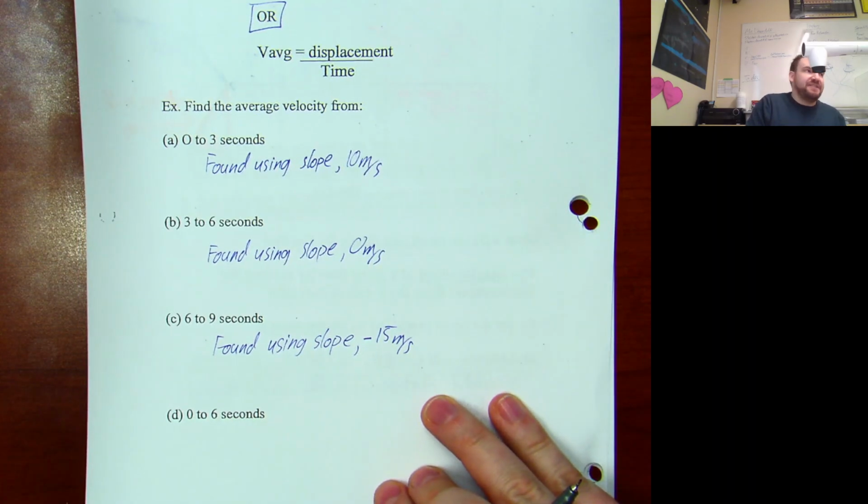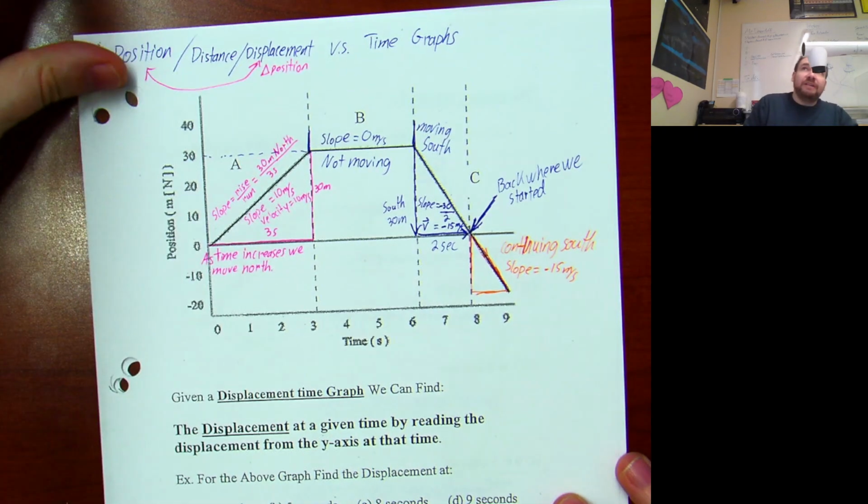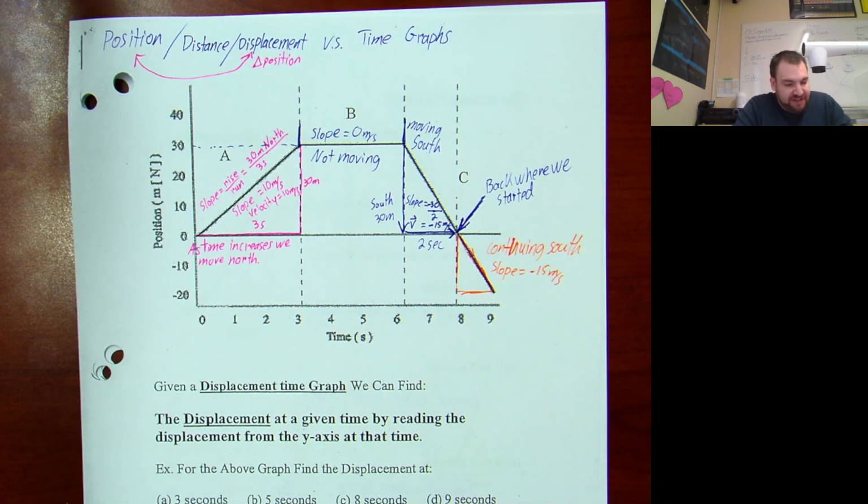And 0 to 6 seconds. You stay on this page, I'll flip back here. If I wanted the average velocity from 0 to 6 seconds, could I calculate that using slope? Is there a line from 0 to 6 seconds? You could make one.